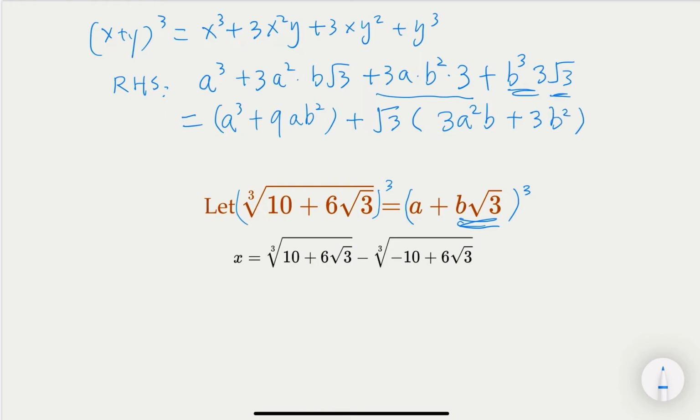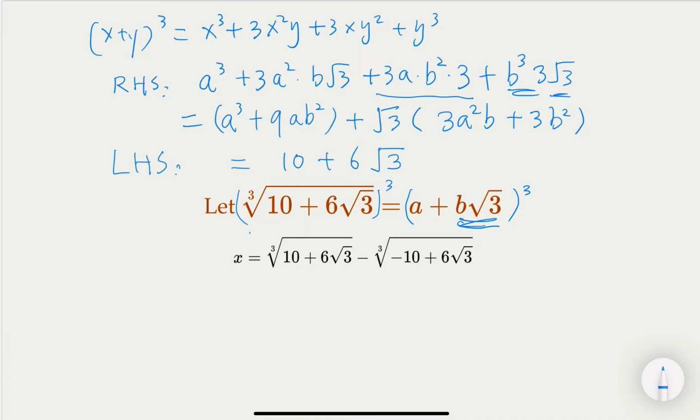So we try to look at the left-hand side, raised to the third power, it becomes 10 plus 6 square root of 3.